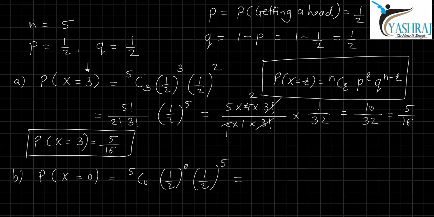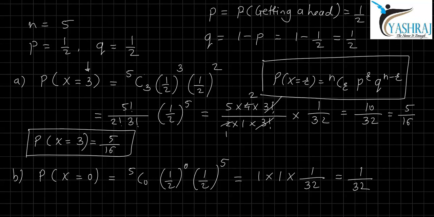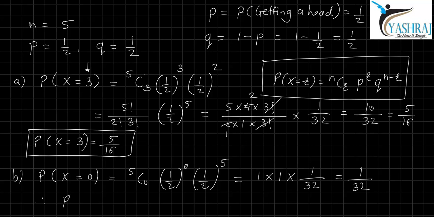Now 5C0 is 1, anything to the power 0 is 1, and half to the power 5 is 1 upon 32. So 1 into 1 into 1 upon 32 gives 1 upon 32, which means the probability of getting no head is 1 upon 32.